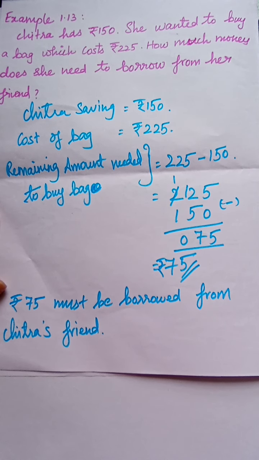Everything is completed: exercise 1.1 example sums, exercise and try these; exercise 1.2 try these, exercise, and example 1.13. Till this we have completed in this session, part 15.